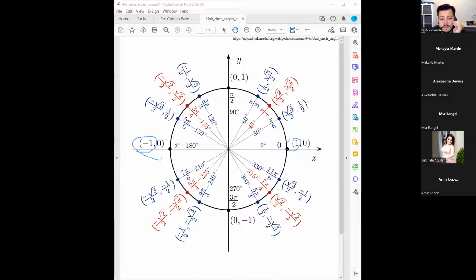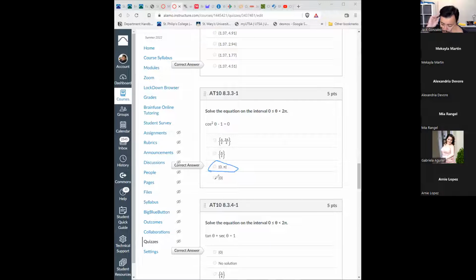Cosine is equal to positive 1 right here. So the angle would be 0 radians and pi, which is right here. The theta that would do this for us will be 0 and pi.